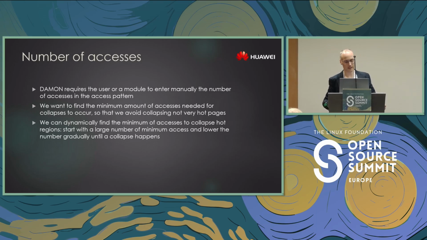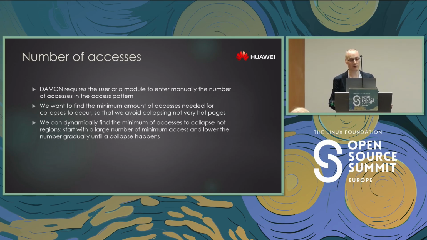On the other hand, if we set it too low, we may end up collapsing stuff that we do not want to collapse. So ideally, we wanted some kind of dynamic mechanism to find the number of accesses needed for a collapse to happen.